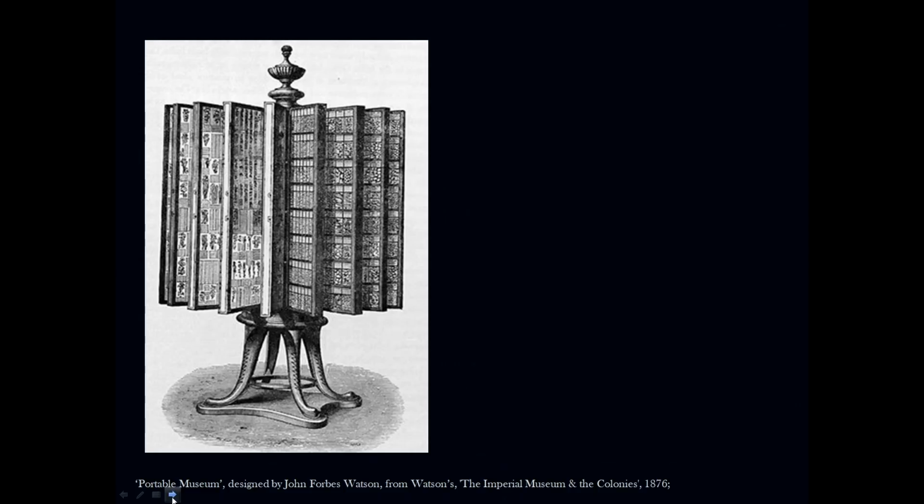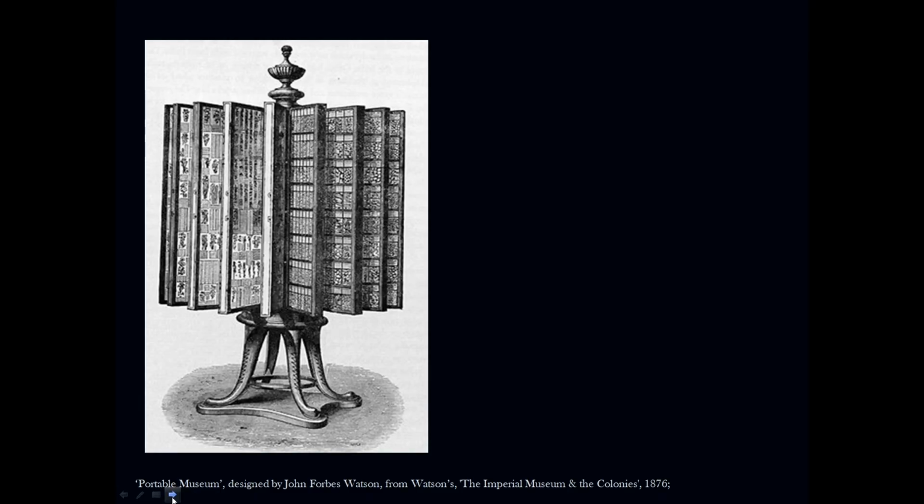The same can be said of how Forbes Watson eventually went on to make his mobile or portable museum setup, in which there are frames with extensive textile samples or fragments collected from different parts of the Indian subcontinent, put there with the details, and people can flip through them, walk around them and see them all.